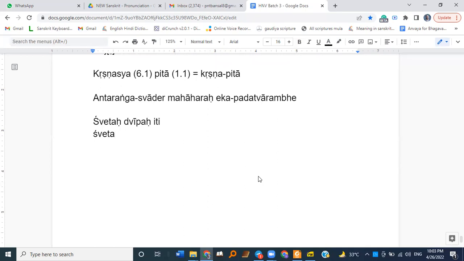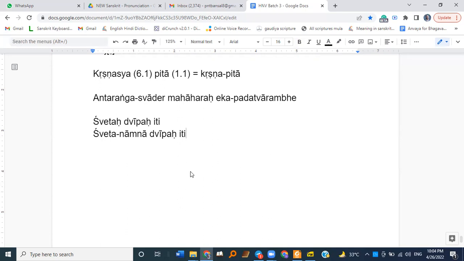I would say Shweta Namna Dvipaha iti, Shweta Namna Dvipaha iti, Shweta Dvipa ityadi. Anyways, the thing is here, we can take Krishna Pita, iti Krishna Pita.